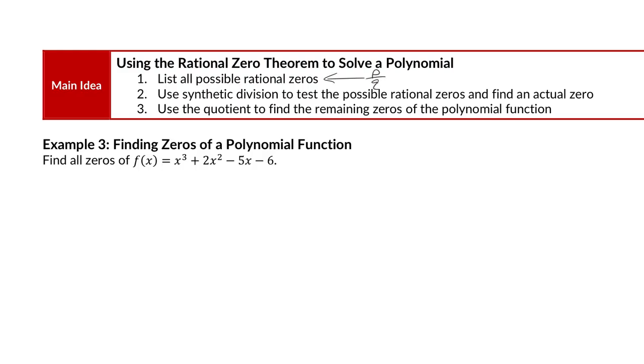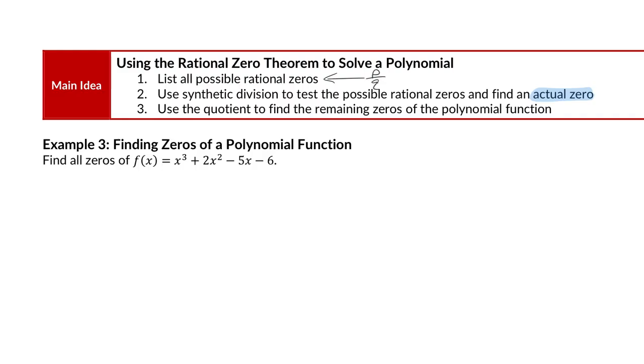Then we're going to use synthetic division, much nicer than long, to test these potential rational zeros to find one that divides the polynomial perfectly. Because that means we have found an actual zero for the function if it divides evenly, remainder 0. Then whatever is left over, hopefully we'd be able to factor it with an X puzzle, guess and check, or grouping, something easier, so that we can finish solving the question.